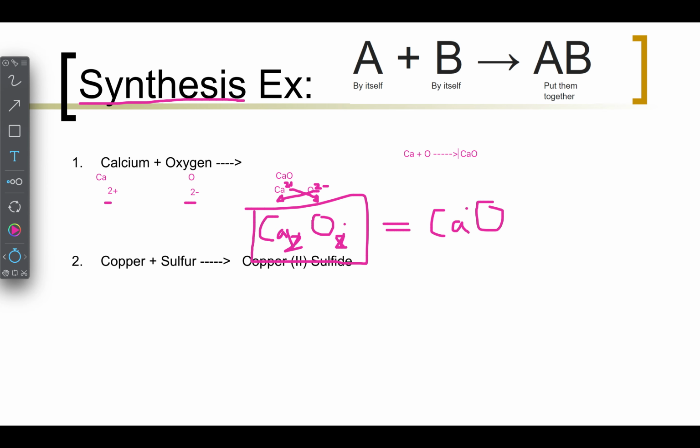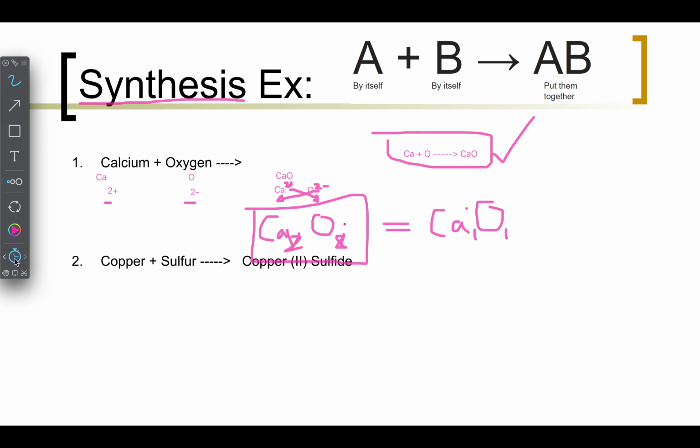So you could leave the 2's there if you really wanted, but it's just simpler to write this, right? Because both of these can be simplified down to 1, right? So eventually we get calcium, oxygen. Calcium and oxygen come together to form calcium oxide, right? And we just want to make sure that equation is balanced. We have 1 calcium on both sides and 1 oxygen on both sides, so it is balanced. So we are done, and this is what you would write for your final product.